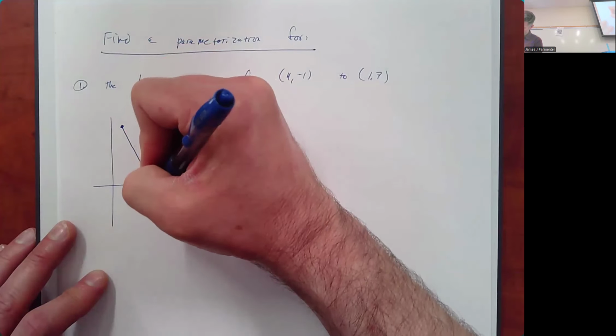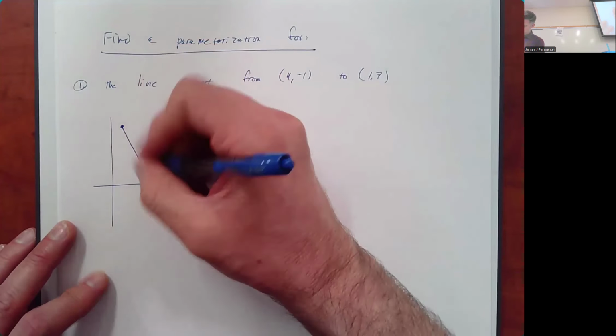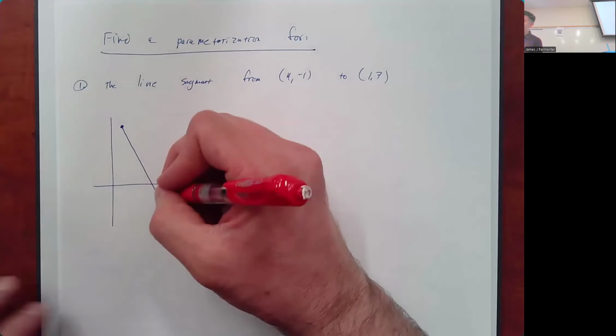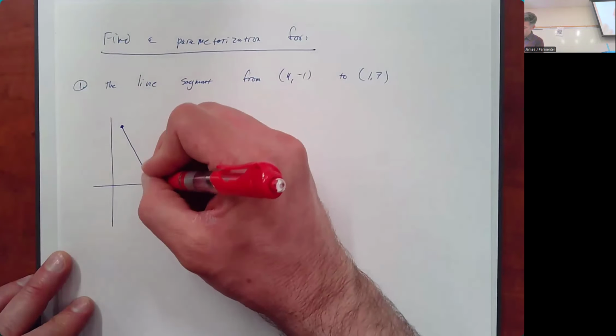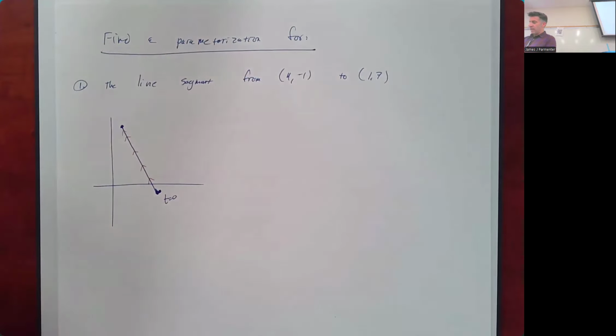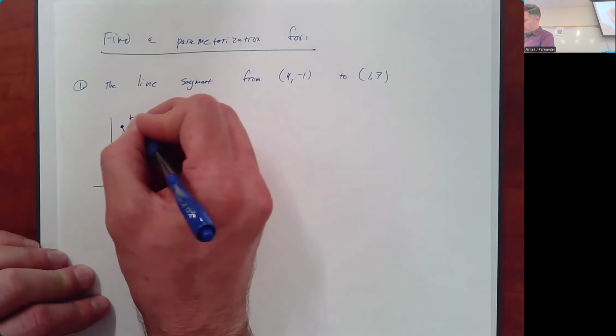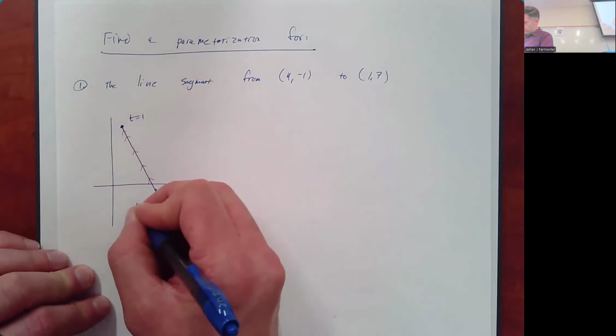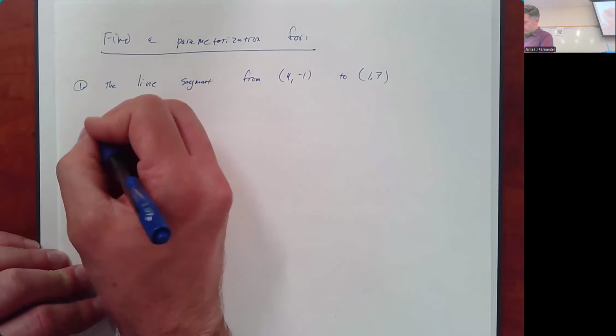Whoa, can I draw it? Maybe. So I'm imagining that we're starting at time equals 0, although you could make any choice. And it's also very convenient to end at time equals 1. And that's the point (4, -1). That's the point (1, 7).